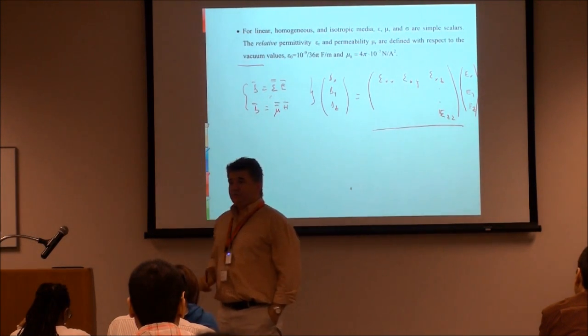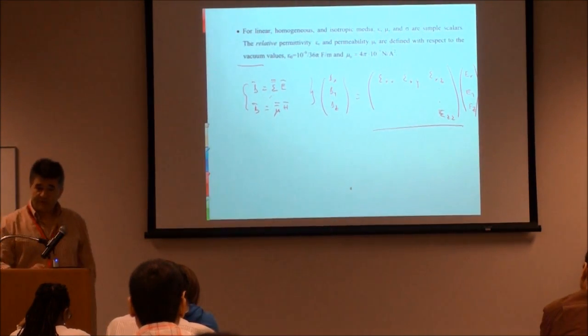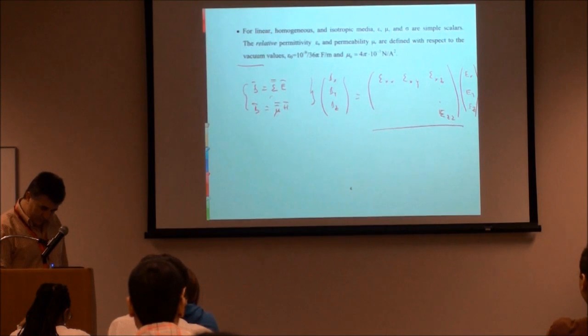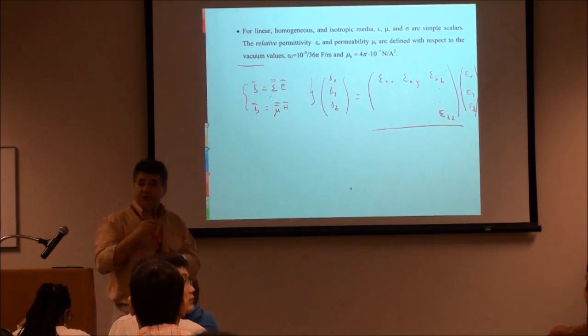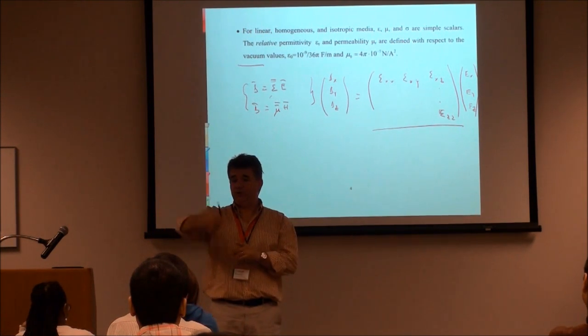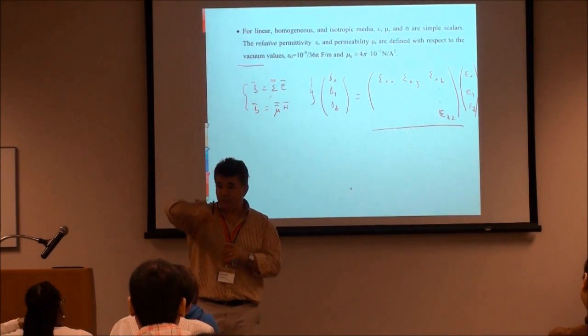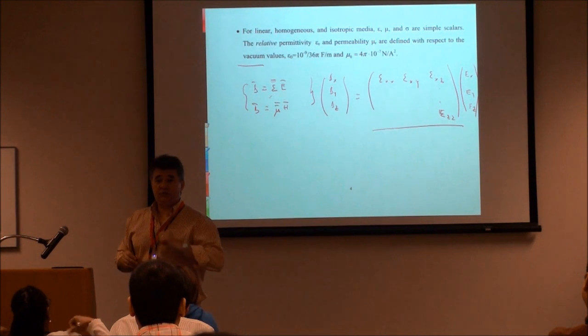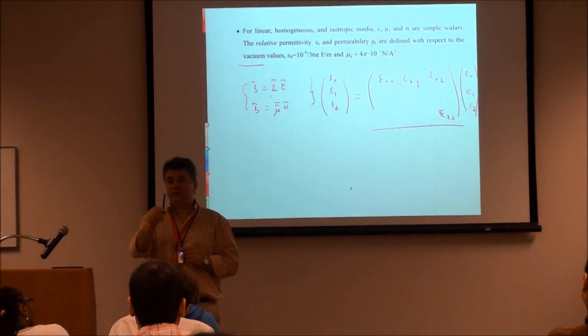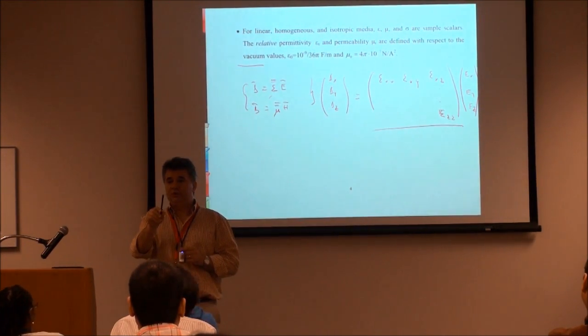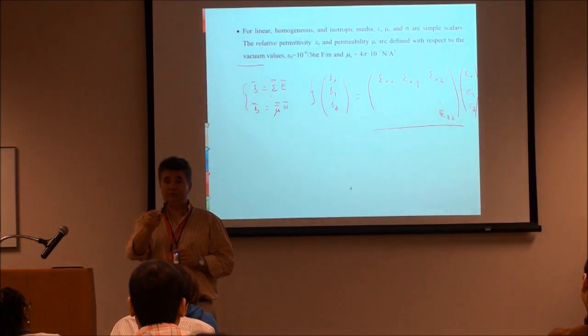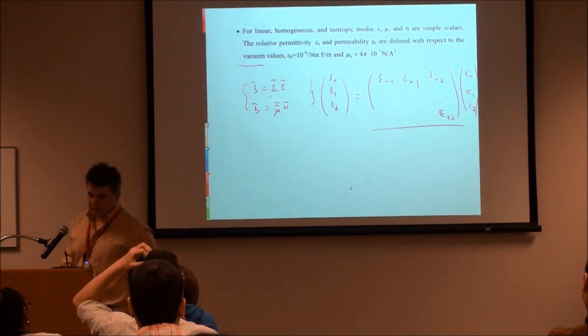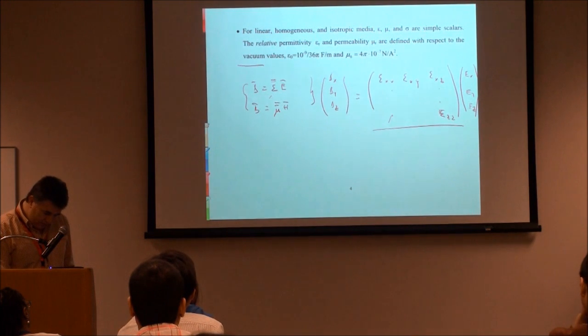Another way of saying this is that if the material is isotropic, D is always parallel to E. My electric field is along this way, D is also parallel to this. In an anisotropic medium, it doesn't mean that. In fact, I can always have D and E not parallel, at an angle with respect to one another. Very important.